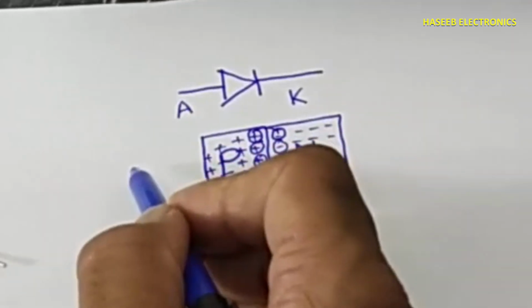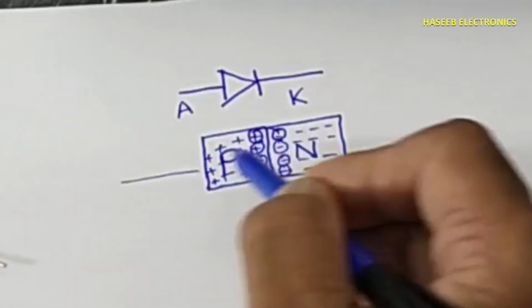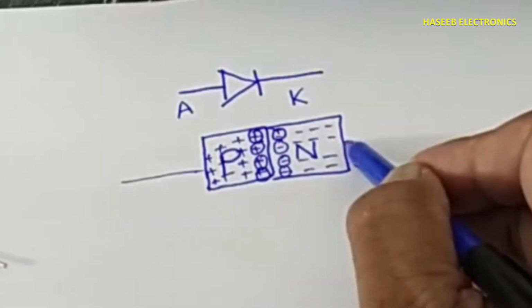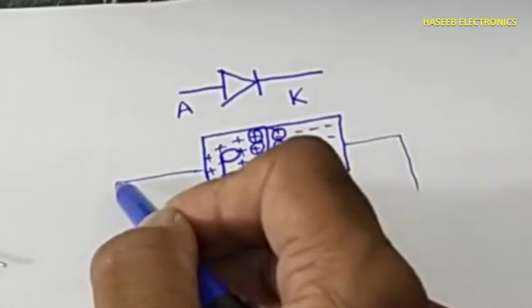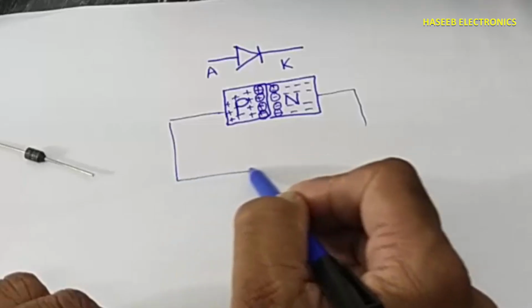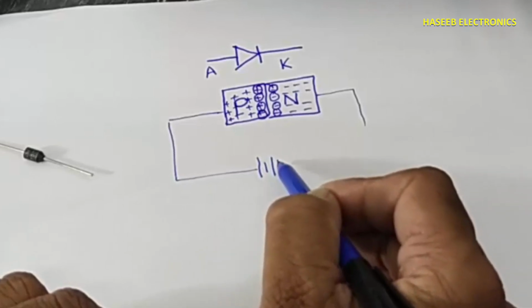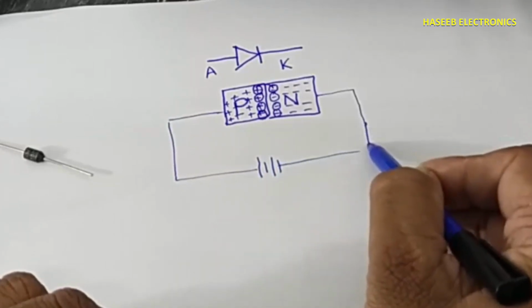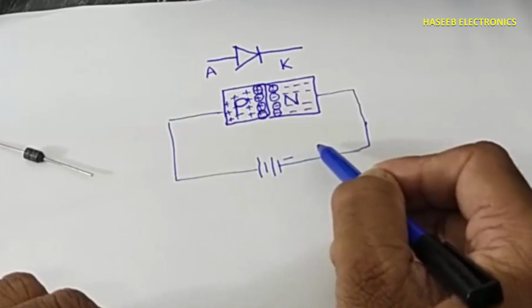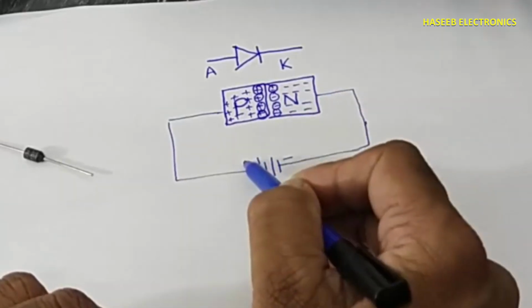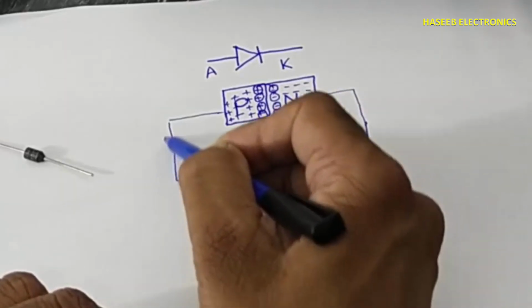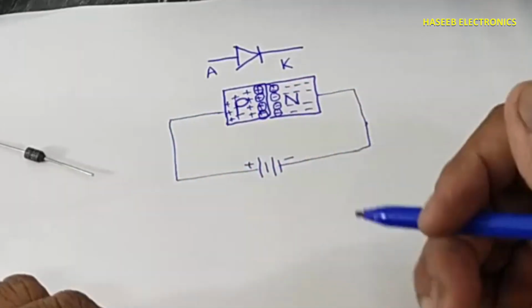When we connect this PN material to any battery, any voltage source, positive, negative, in this direction, so that negative charge is applied to the negative material and positive charge is applied to the positive material, what will happen?